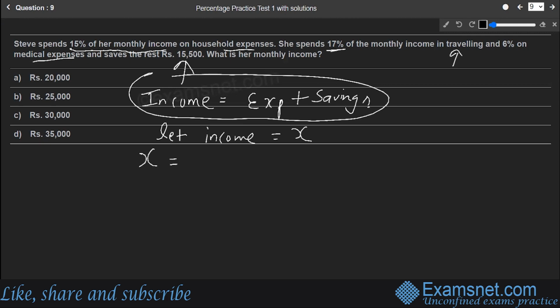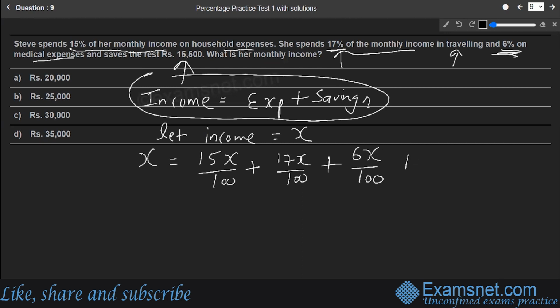The first expenditure is 15% of the monthly income, that is 15x by 100, plus the next expenditure is 17% of the monthly income. The monthly income is X, so it's going to be 17x by 100. Then there is one more expenditure, 6% on medical expenses, that is 6x by 100. Plus then there is the saving. How much saving is she able to do? 15,500. So this is the ultimate expression.